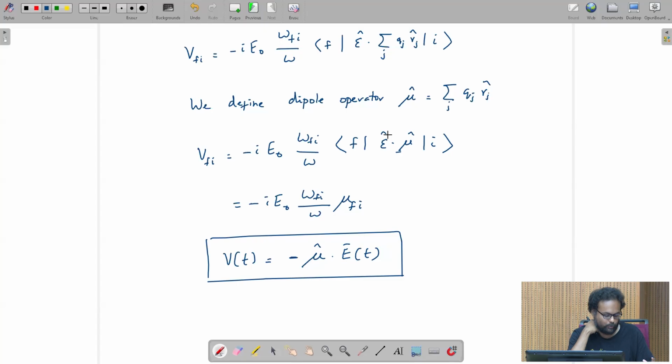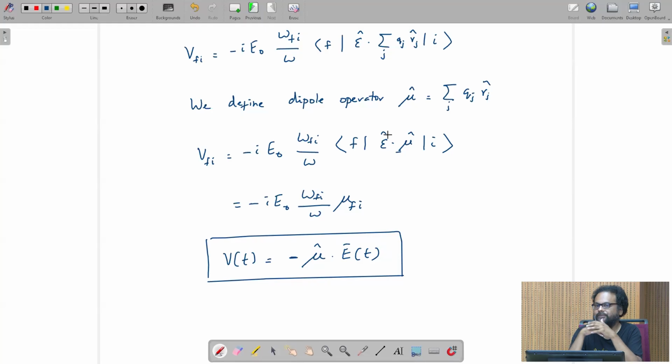We move away from A dot p explicitly. We are able to replace my momentum operator with the position operator, and from there the dipole operator, and we get the dipole approximation.